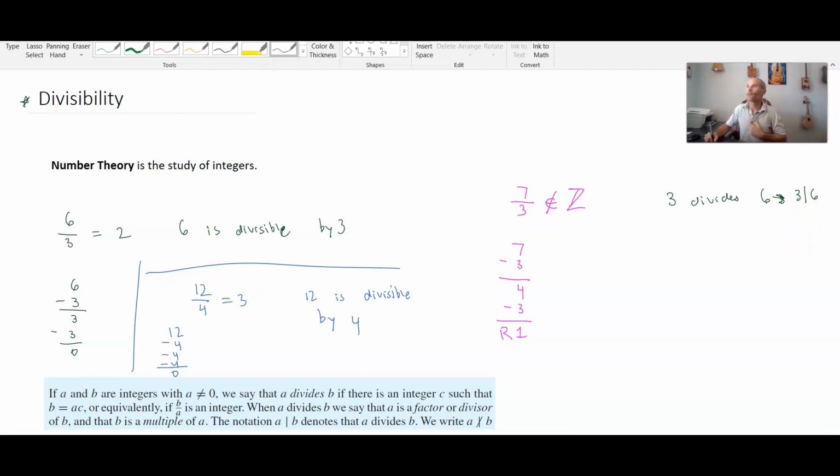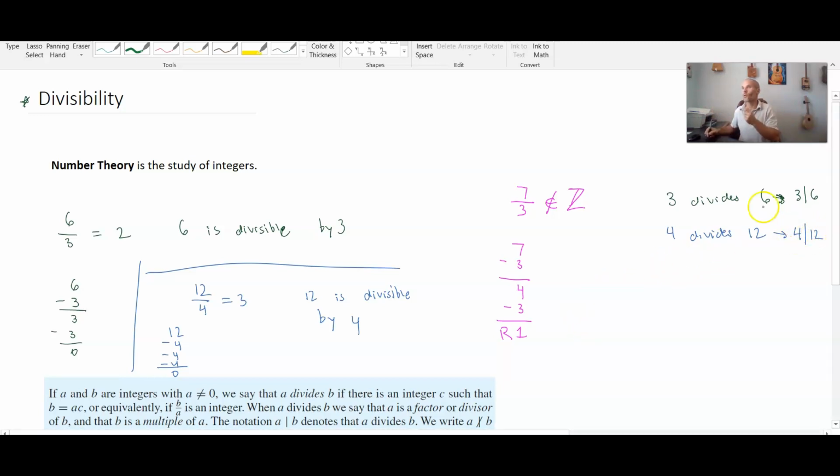For our second example, we can say that 4 divides 12. It can evenly divide the 12 units into an integer number of groups, so we write 4 | 12. This vertical line has nothing to do with sets insofar as it just means divides. That vertical line is read as divides.